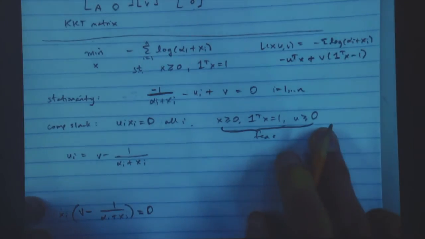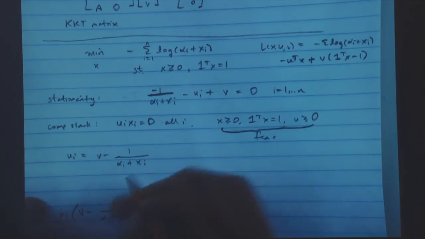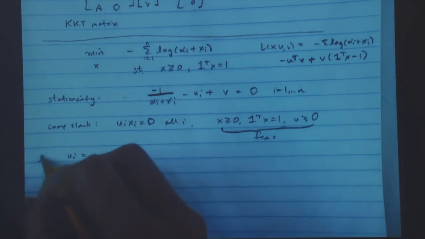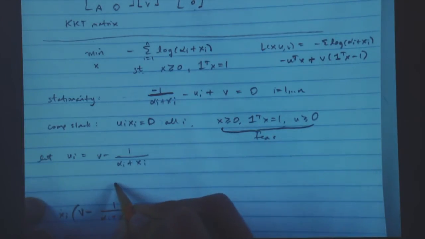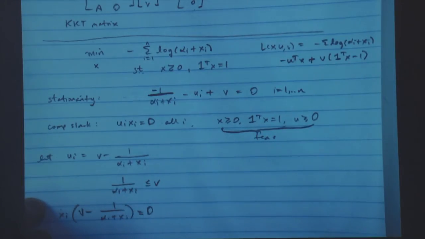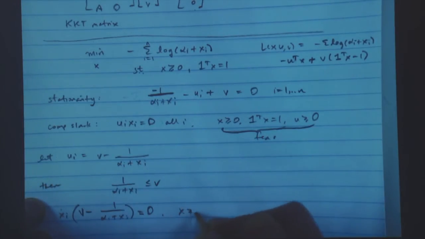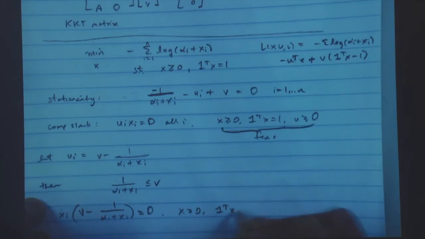And now let's combine dual feasibility and stationarity to say that we have to have 1 over alpha_i plus x_i less than or equal to v. Okay, so now we've simplified the KKT conditions a bit.